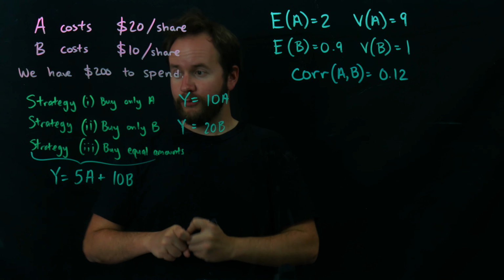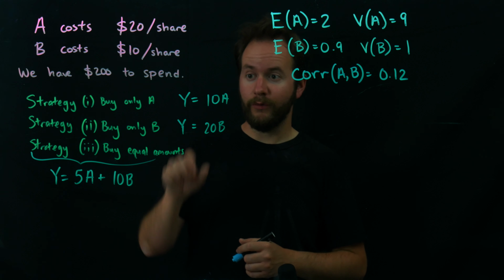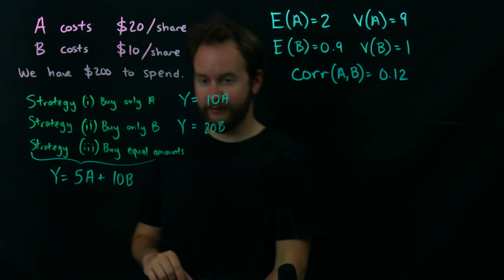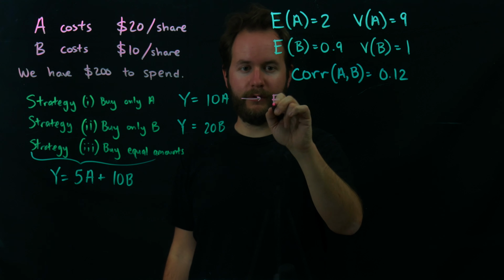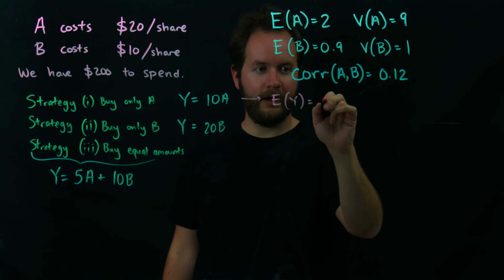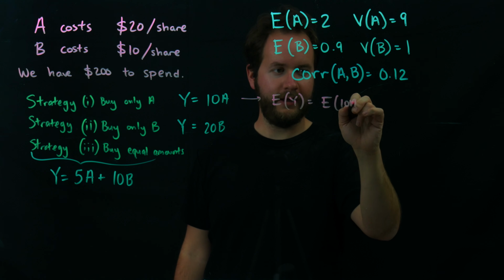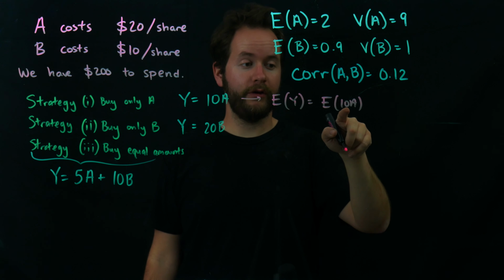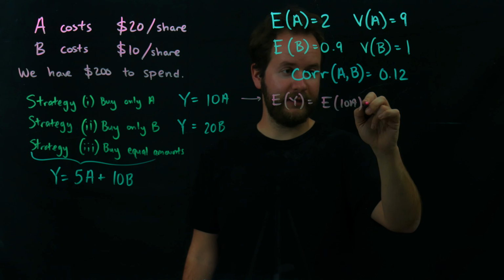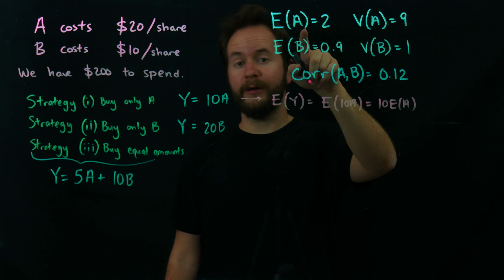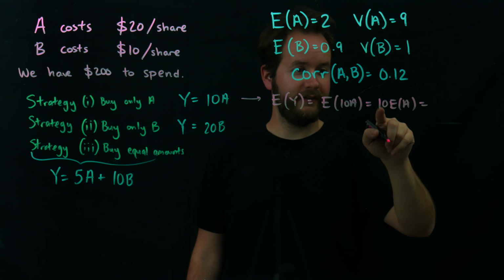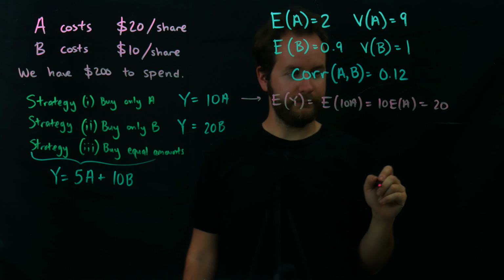All right, the next question has us computing the expected value of each of these strategies. So let's start by taking the expected value of both sides for the first strategy. If I compute E of Y here, I get E of 10A. Per expected value rules, we know a 10 can come out of that expected value, giving us 10 times the expected value of A. And since we know the expected value of A is 2, we have 10 times 2 is 20.